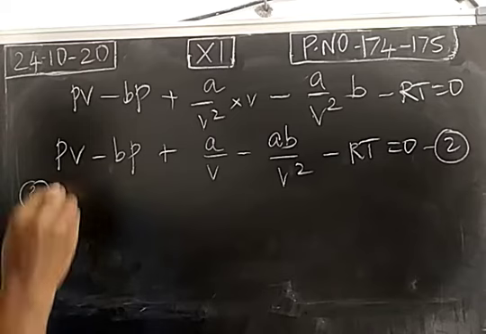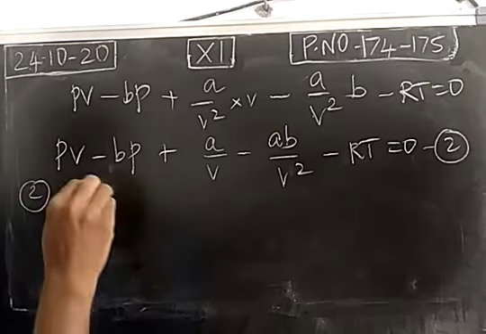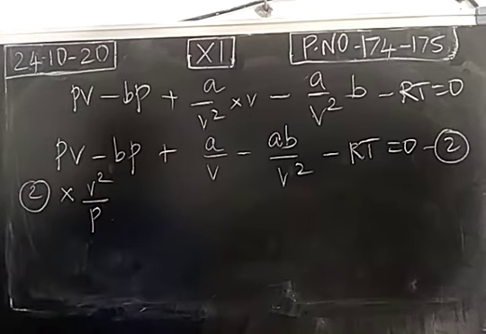Now the second equation is multiplied by V squared by P. So this is full of mathematical derivation.